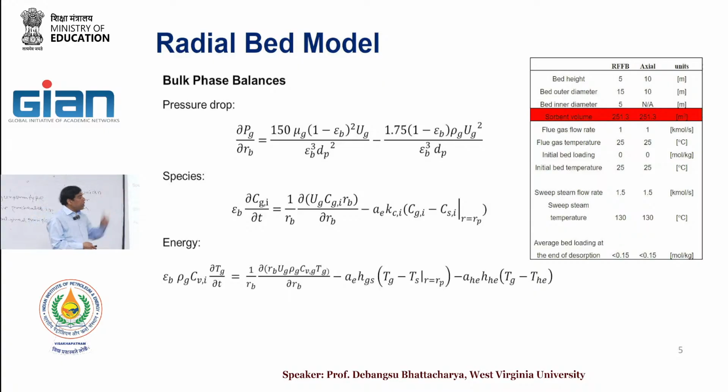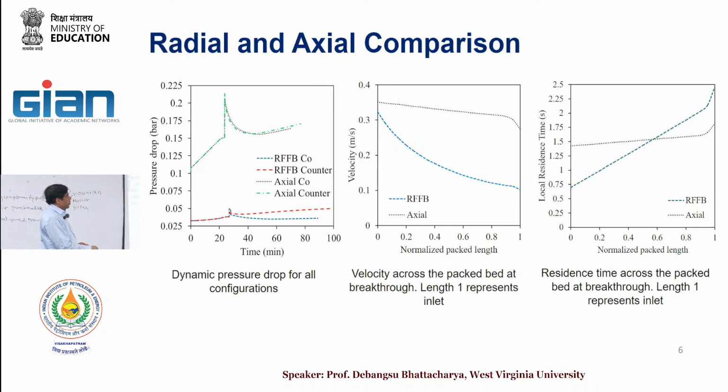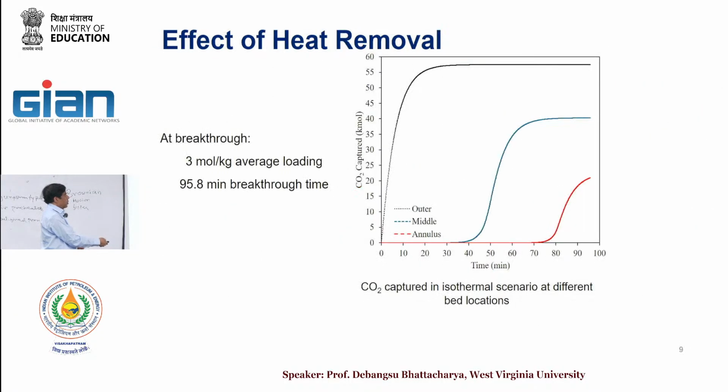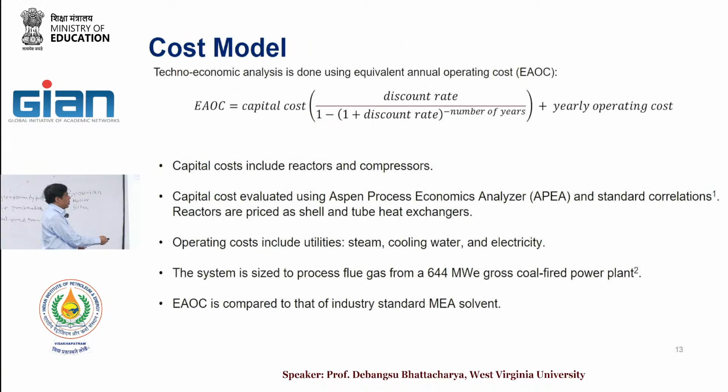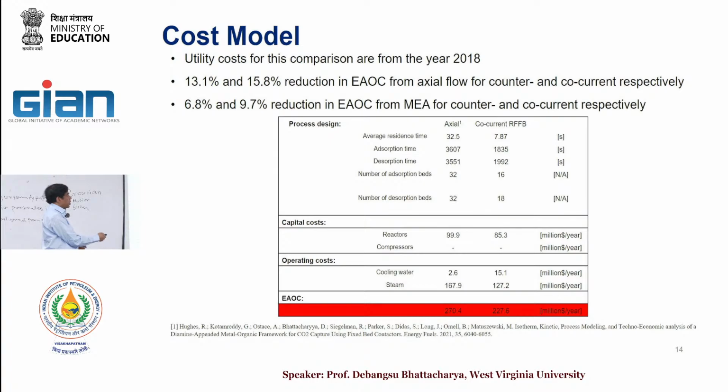Okay, if you look at that, the axial bed has this, and the radial flow bed has this and this. This tells you the volume, and then it tells you how many total beds you have.